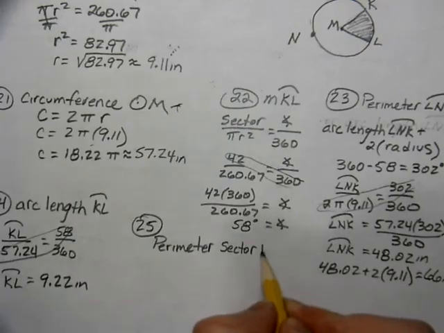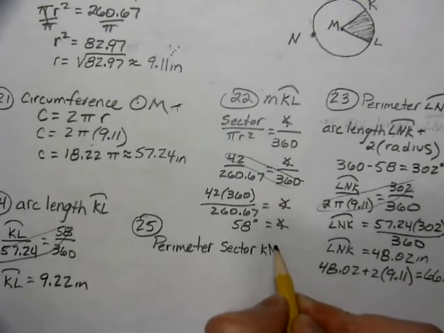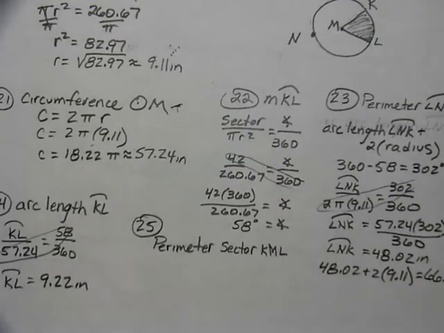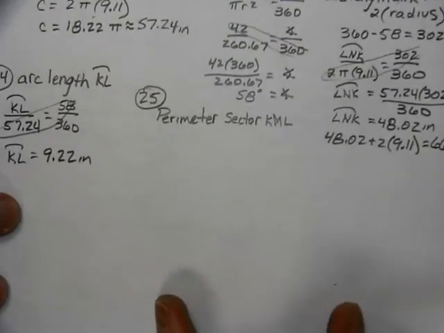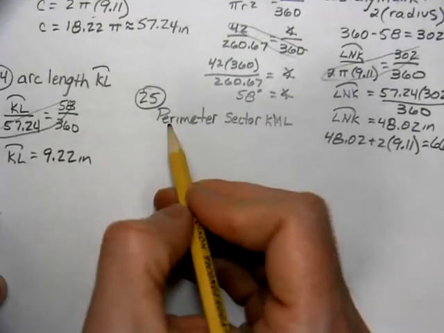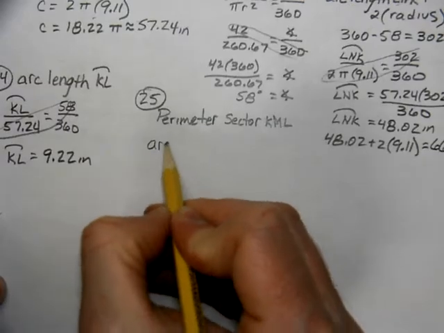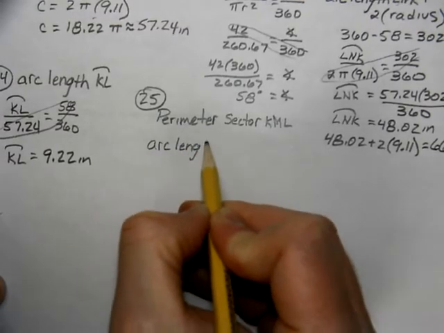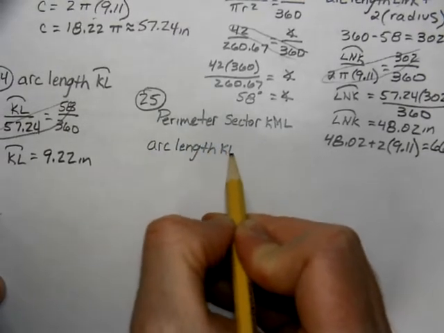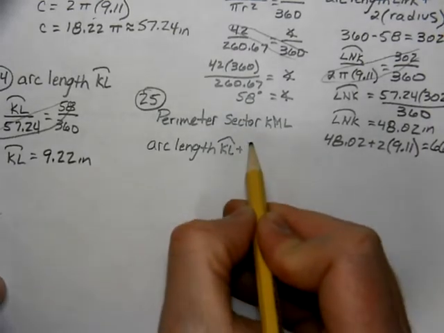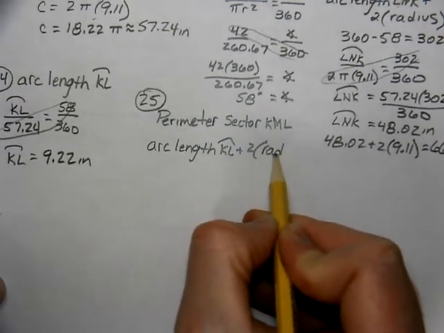That is sector KML. Well, we need to take the arc length KL plus 2 times the radius.